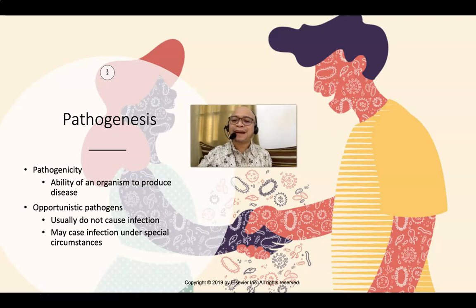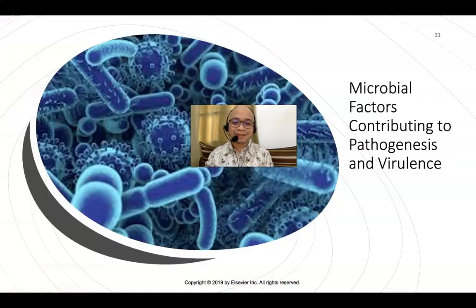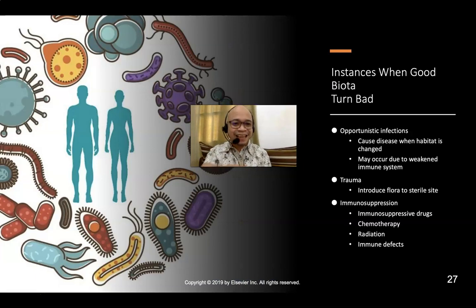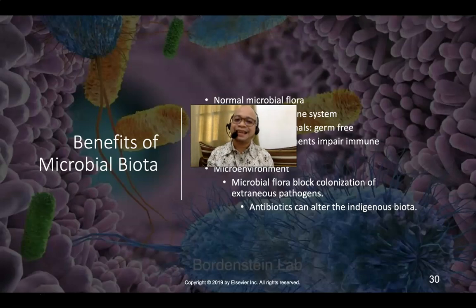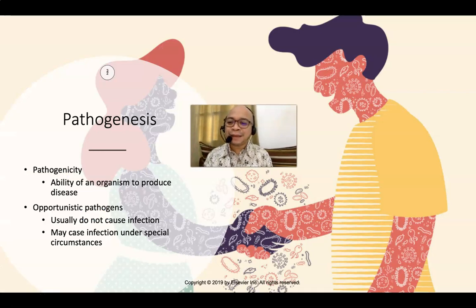These are microorganisms that do not usually cause infection. However, they may cause infection under special circumstances, such as the ones we've discussed, instances when good bacteria or good biota turn bad because of these factors. So they become opportunistic.